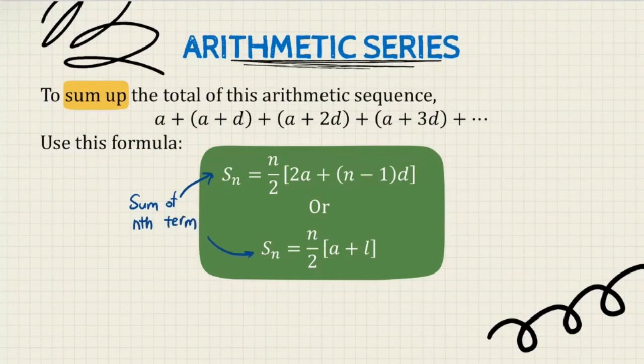Okay, bila dia label Sn macam tu, dia merujuk kepada sum of nth terms. So kalau kita ada A, kita ada D, boleh menggunakan this formula lah. Okay, tapi kalau tak ada, let's say kita tak ada first dengan last term. So L ini merujuk kepada last term, nombor yang terakhir dalam our sequence.